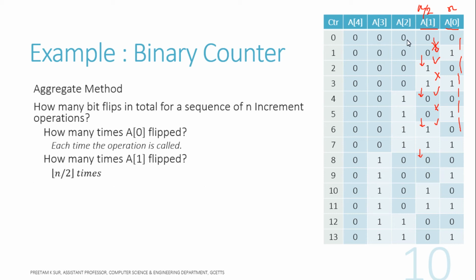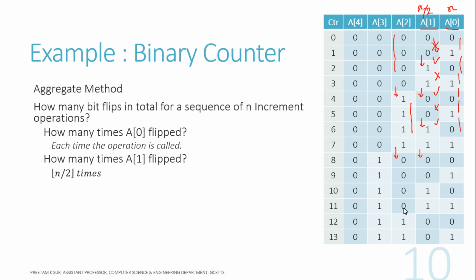Now, if we take another example, how many times will the A2 bit be flipped for a sequence of n increment operations? For the first three increment calls, A2 is not flipped; it is flipped in the fourth call. Again, in the next three increment calls it is not flipped, and in the fourth call it is flipped.